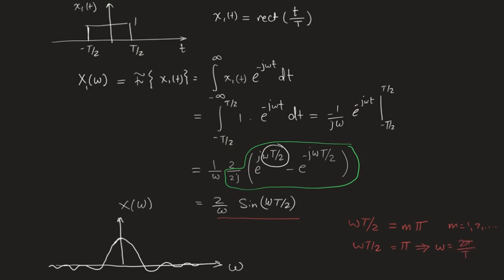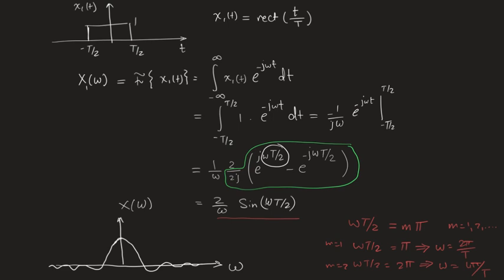The second one is going to happen when omega t over 2 is equal to 2 pi. This is when m equals 1, this is when m equals 2, and this gives you omega equals 4 pi over t, and so on. So now you know those locations. The locations of the zeros are just multiples of 2 pi over t: 2 pi over t, 4 pi over t, 6 pi over t, and so on. Similarly, on the negative side, you have a minus sign.